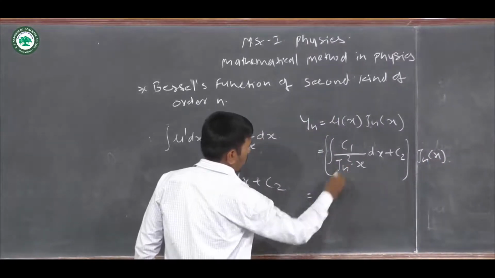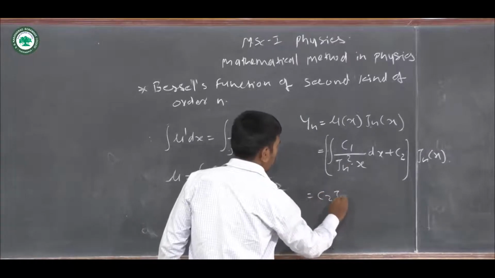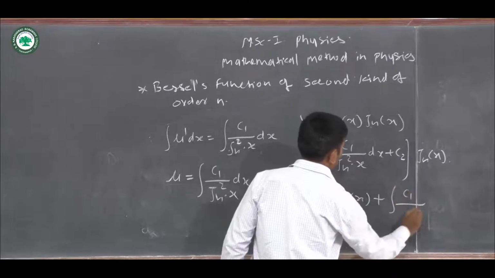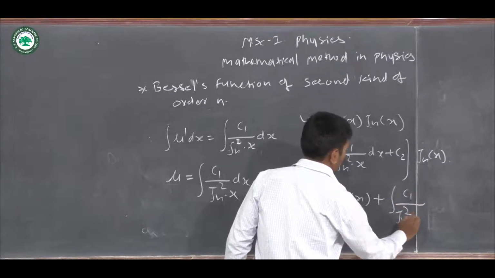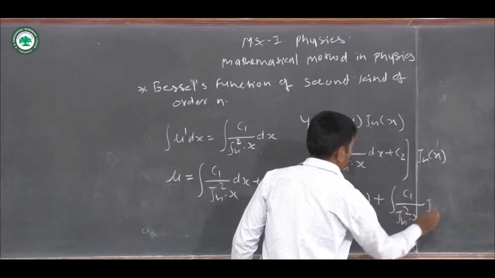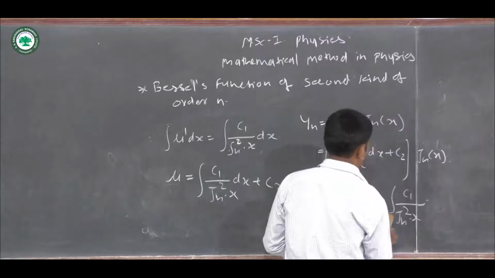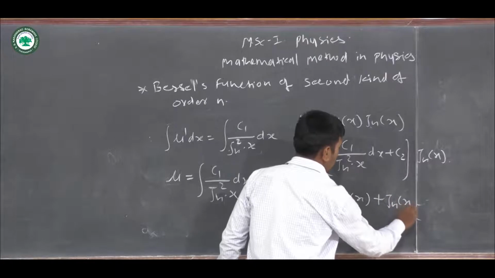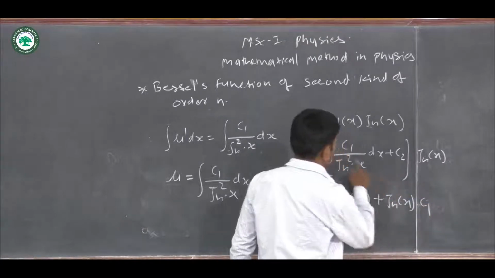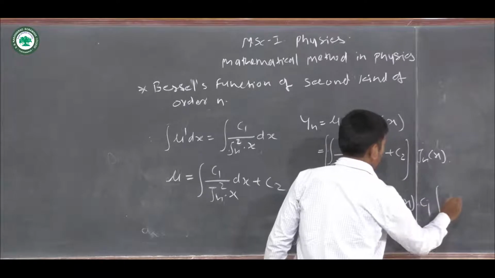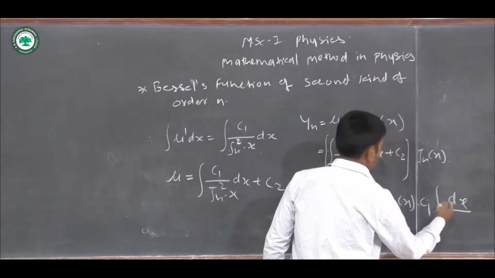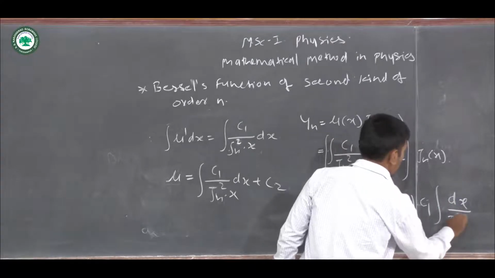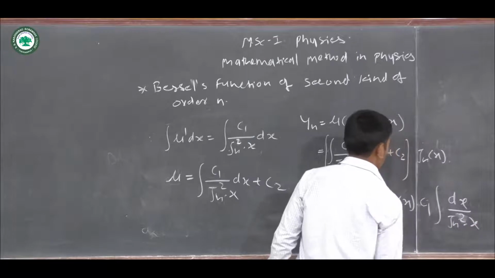If I multiply with J_n(x), it is c2 J_n(x) plus the integral of c1 divided by J_n² x. You can take out the common J_n(x) into c1, and the integral dx by J_n² x.